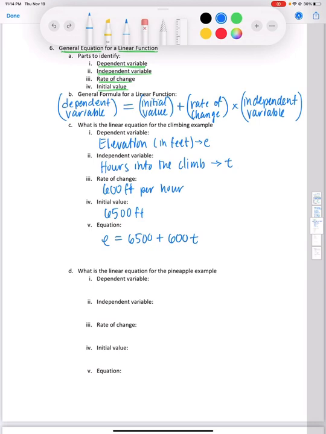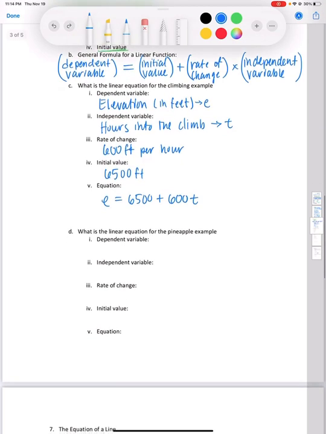What is the linear equation for the pineapple example? Okay, so we need our dependent variable. The dependent variable for pineapple was the demand, or the number of pineapples sold per day.